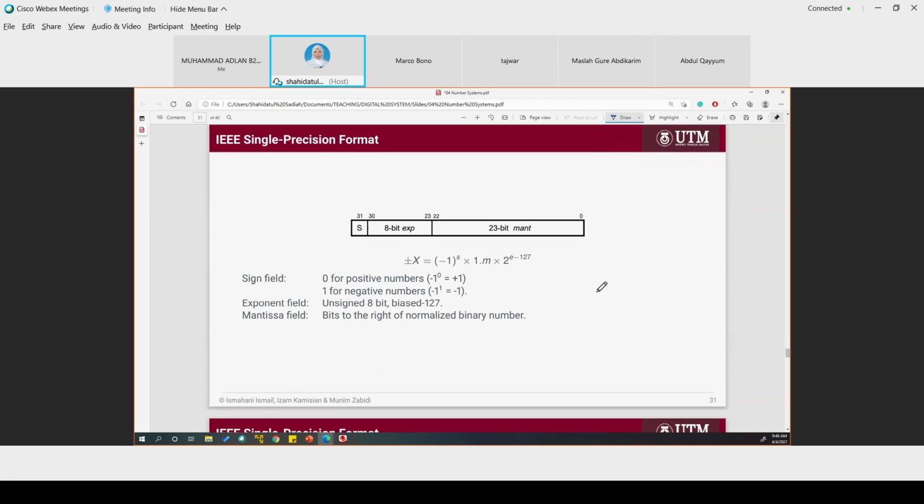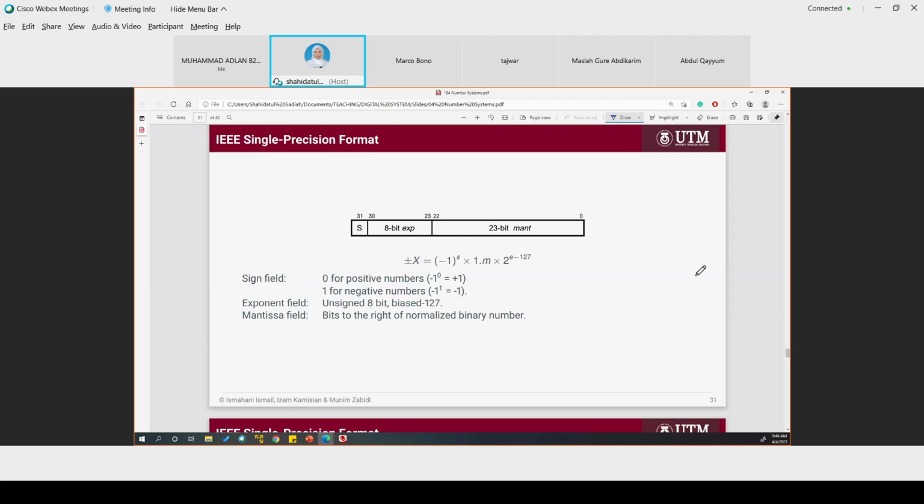But in this class, 64 bits is too long, so we are going to use the single precision format of the floating point that follows the IEEE standards. So we are going to learn about the single precision format, which is 32 bits.